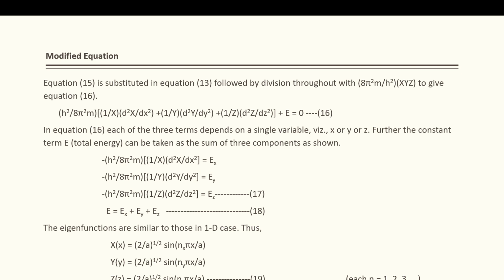Equation 16 has 4 different terms. The first, second, and third terms depend on one variable each, x or y or z. Term 4, E, is the total energy. It is the sum of the 3 components Ex, Ey, Ez. Likewise, we can write the 3 separate wave function equations, equation 19.